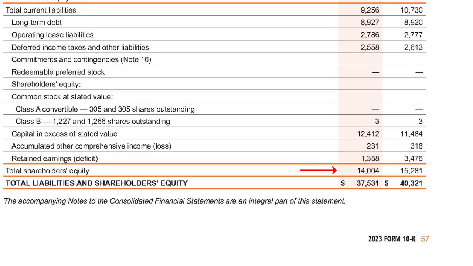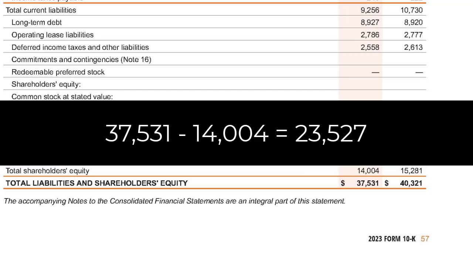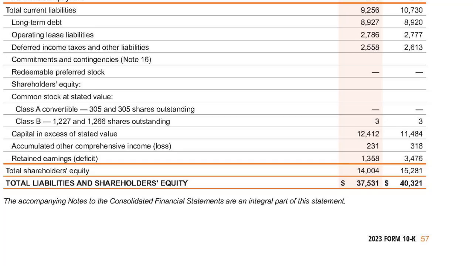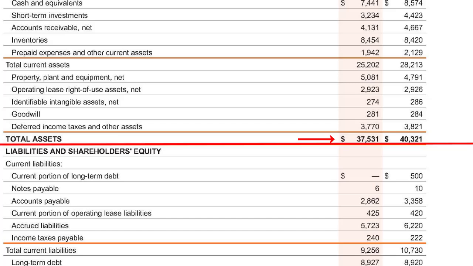Total shareholder equity is $14,004. $37,531 minus $14,004 is $23,527. Nike's total liabilities as of the 31st of May 2023 were $23.5 billion. Finally, we can check that the balance sheet balances by looking at the bottom. Total liabilities and shareholder equity equals $37,531. This is equal to the total assets, which is $37,531.